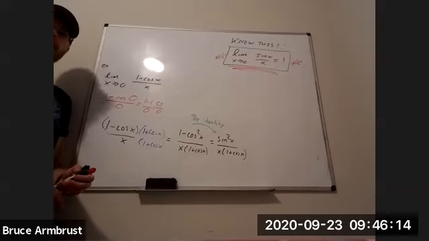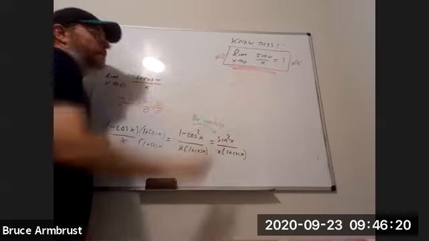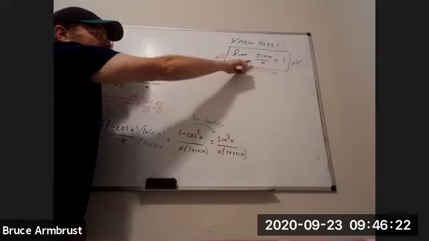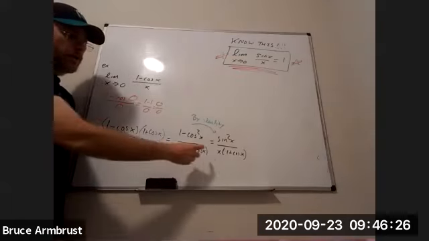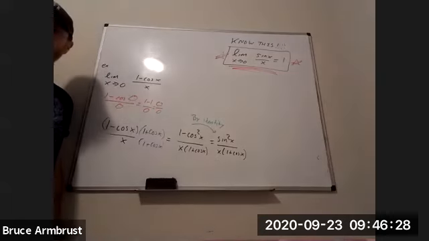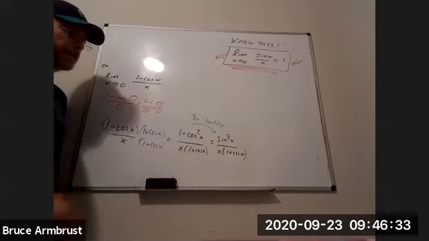Let me just direct your attention up here. The thing I just said, hey, know this. Remember that limit of sine of x over x? I've got that now. I mean, there's other stuff in here, but I've got a sine over the x.